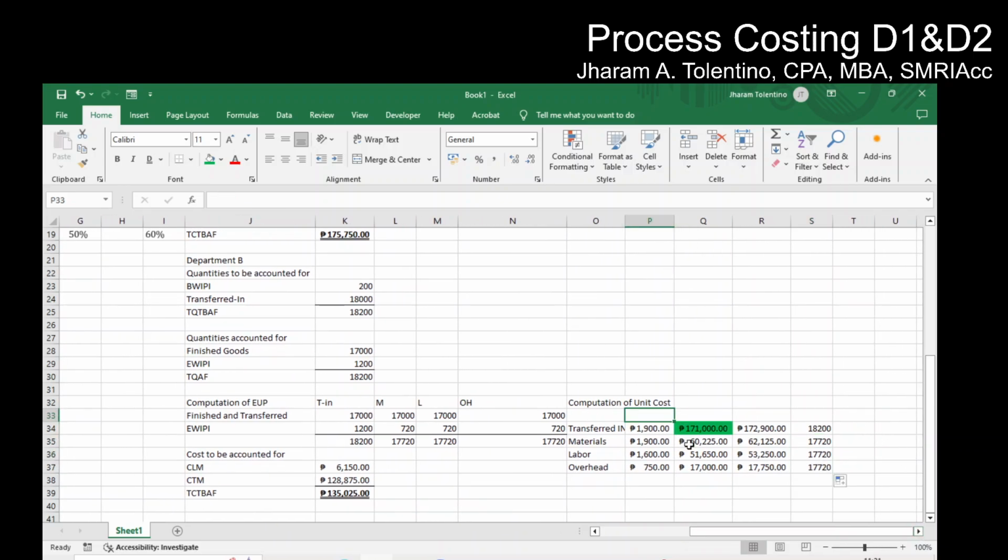Okay. Let's label this figure: cost last month, cost this month. This is the total. And then we have the EUP. Okay.